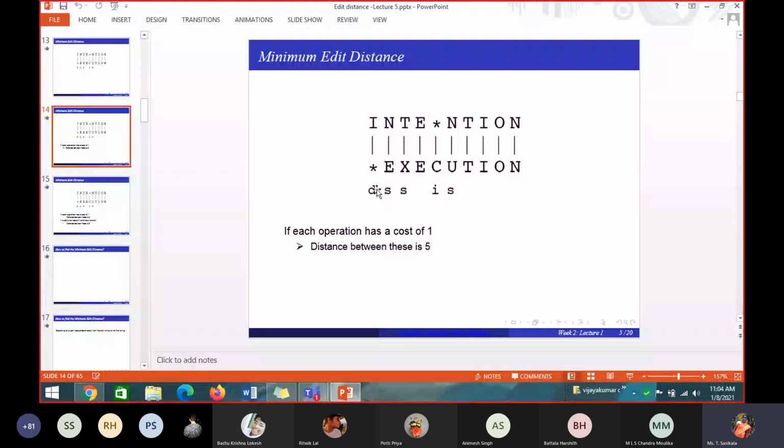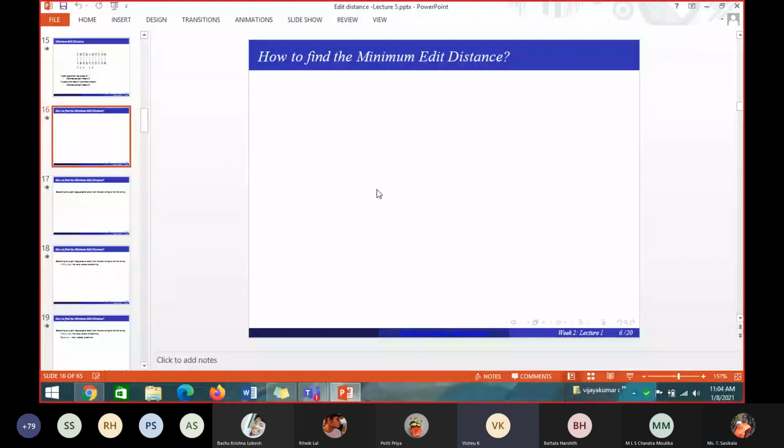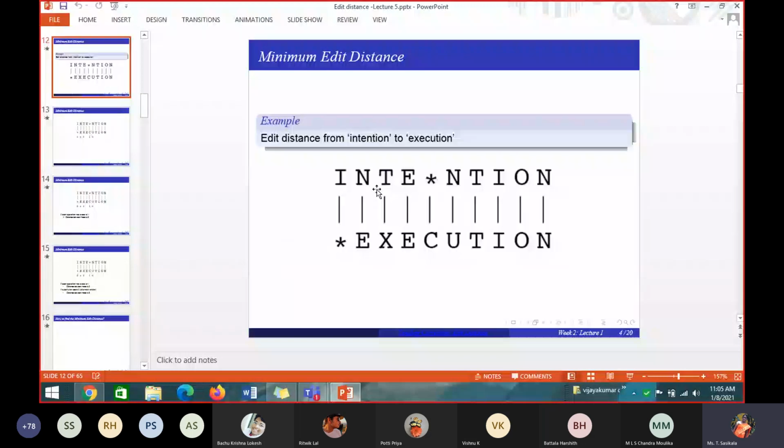Excuse me, ma'am, how was that execution decided? Like, how are we deciding that intention might be a misspelled word? No, it is not a misspelled word. I have taken two words and I am showing the maximum changes for your example. I have the word intention and I want to convert it to execution.